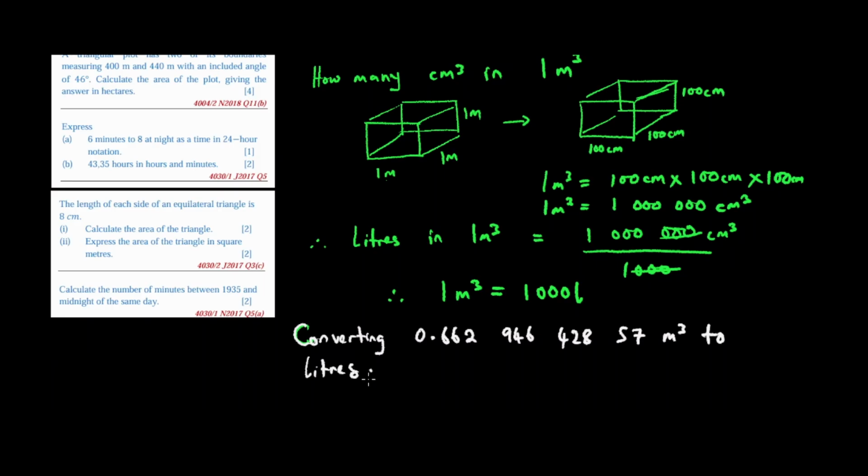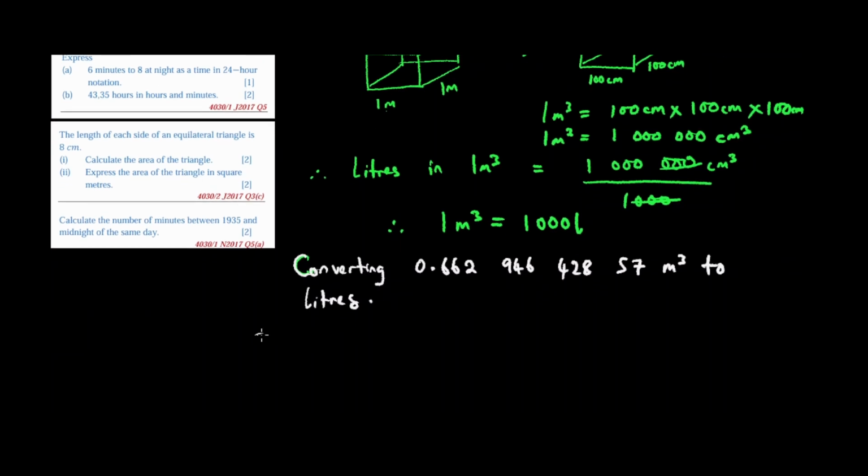And how do we do this conversion? Saka tikuziva kuti 1 cubic meter i 1000 liters. Saka kana tine these cubic meters, this will be equal to 0.66294642857. Tika multiply na 1000 liters inotudza the number of liters.